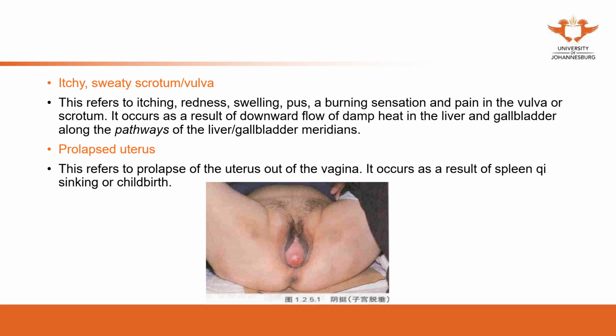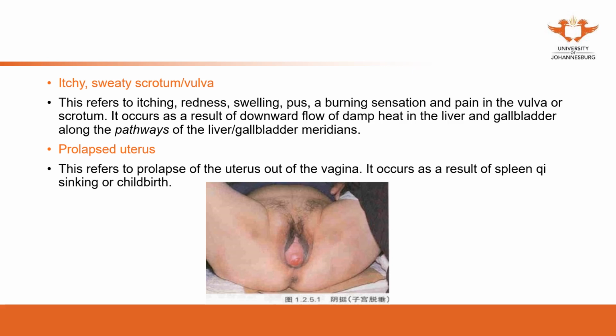Prolapse of the uterus. In the picture you can see the uterus coming out from the vagina. This results from spleen qi deficiency, spleen qi sinking. Even after childbirth, how can we help this situation? We're also going to focus on recovering the spleen qi function. This is because of the dislocation of internal organs.